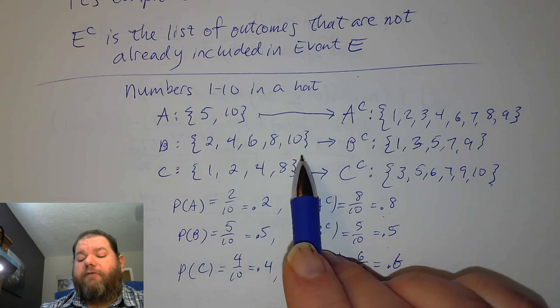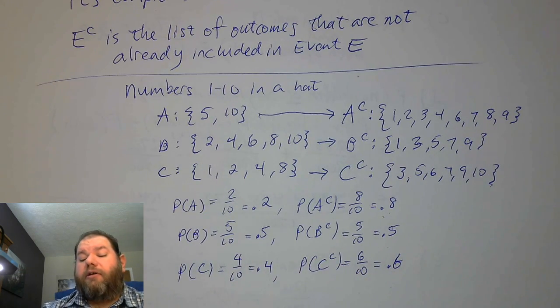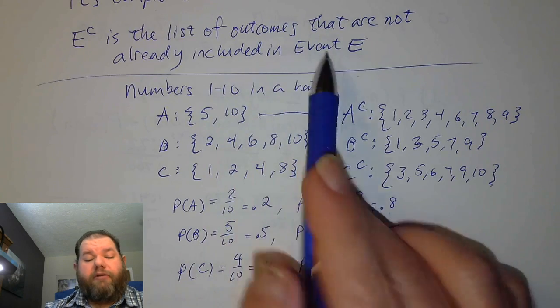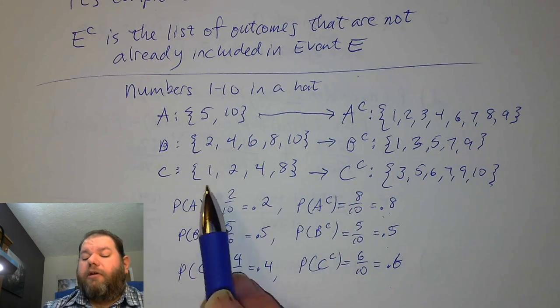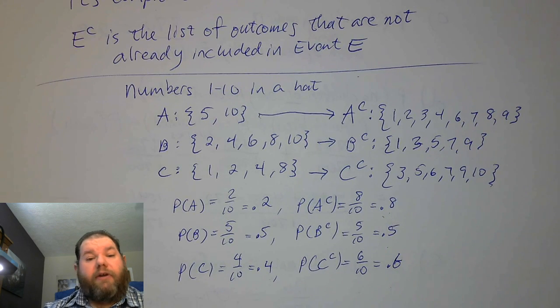B contains 5 numbers, its complement contains the other 5 that are not included here. That's everything else that's not already included in the first event. And if C has 4 numbers, then its complement has the other 6 numbers that we didn't draw. Okay?